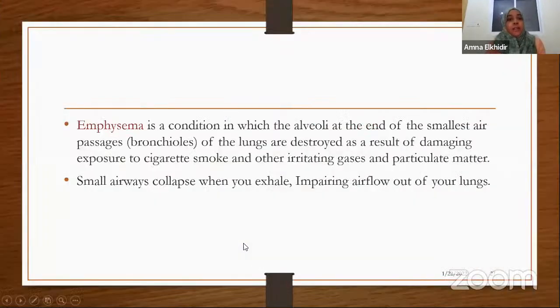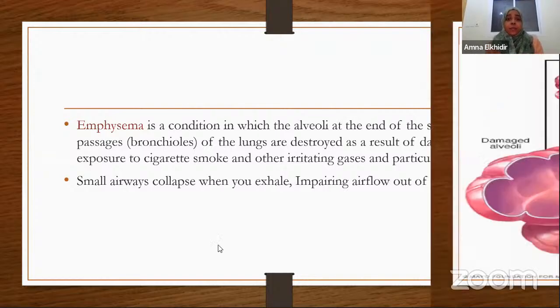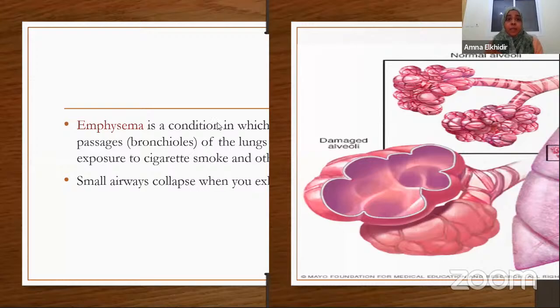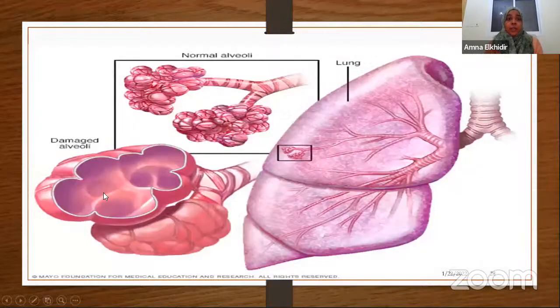Sorry. In emphysema, there is destruction of the alveoli, and in chronic bronchitis, we have inflammation in the bronchioles. So the alveoli, when we exhale, collapse, and this impairs outflow of air from the lung. Here we see the damage in the alveoli.